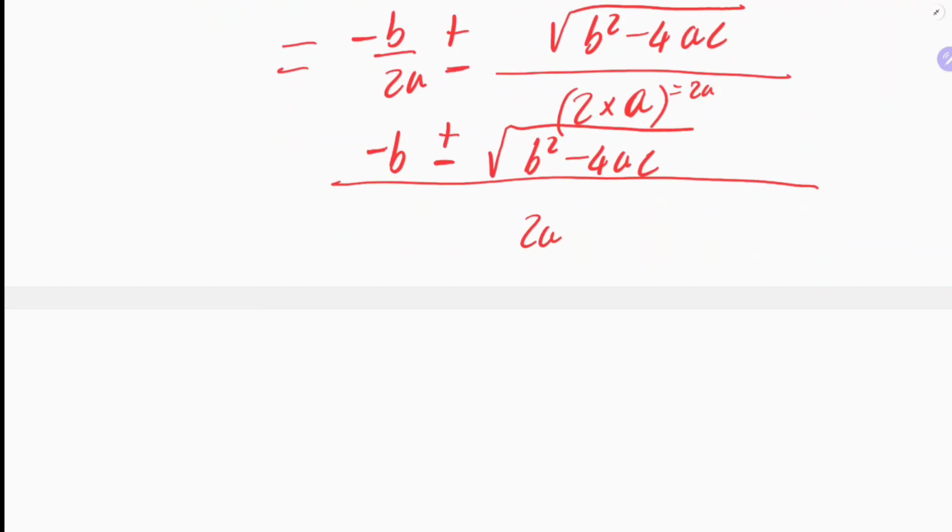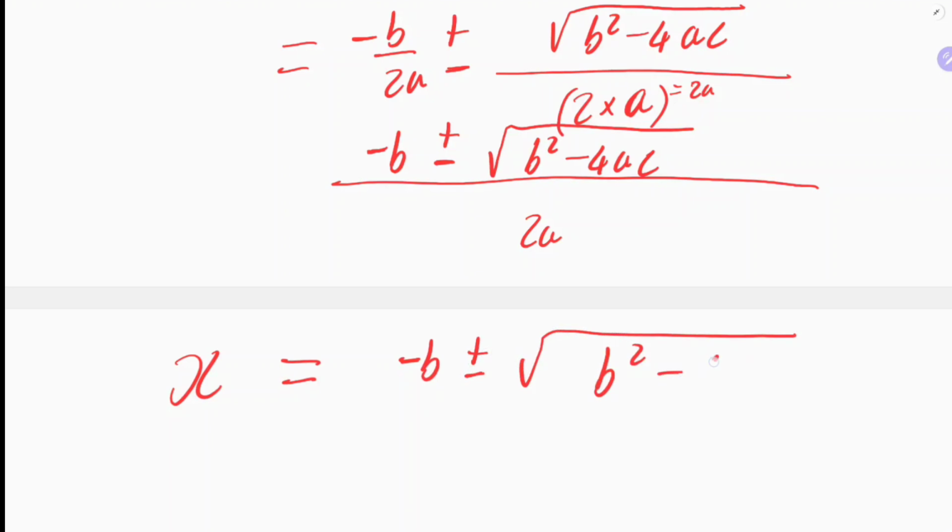So from here we have finally come to a conclusion where our x is equal to minus b plus or minus the square root of b squared minus 4ac, all this divided by 2a.